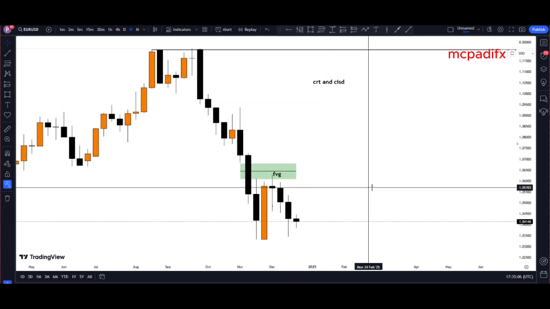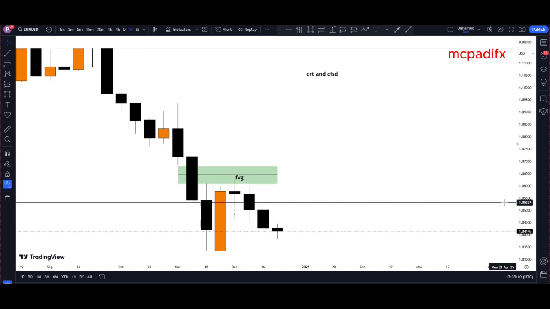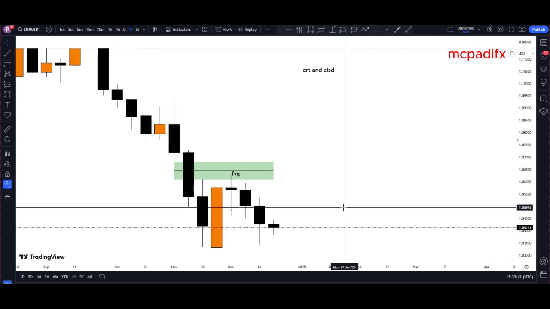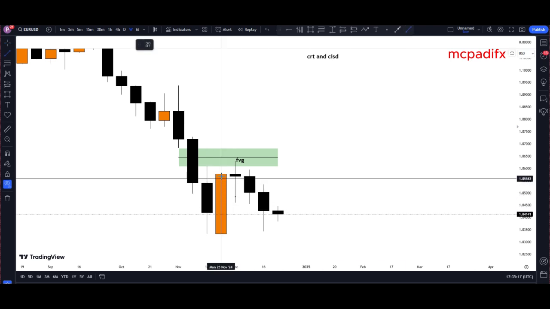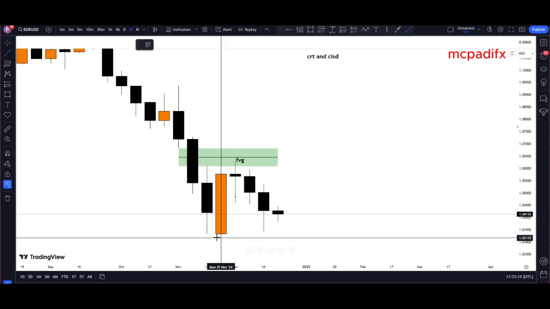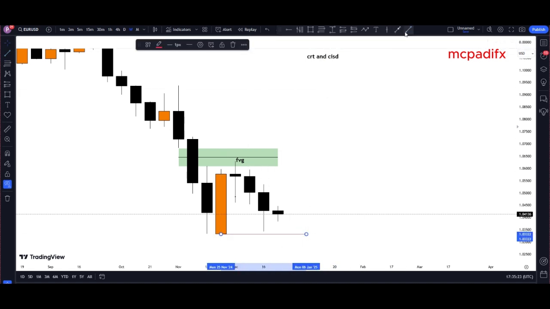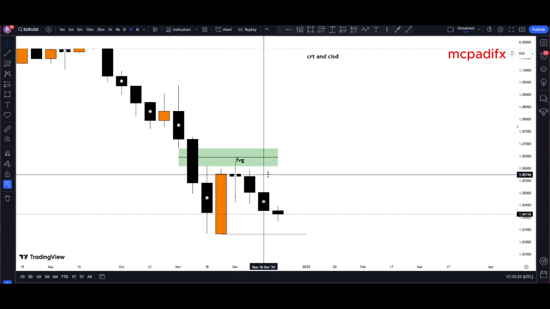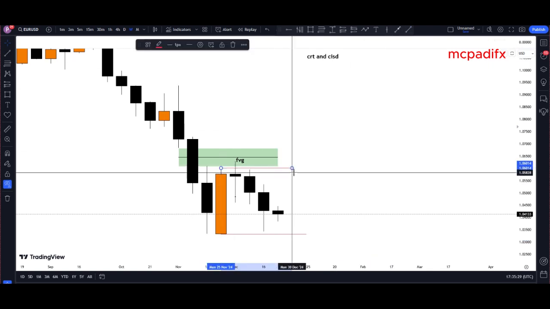Now the CRT is a two candle pattern. I think I have an example over here. You will see that this bullish candle has a low and it has a high over here.